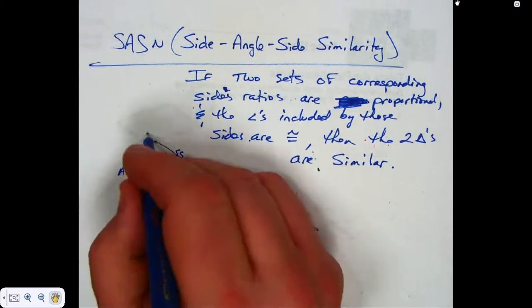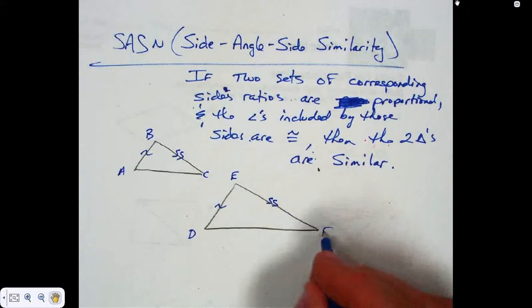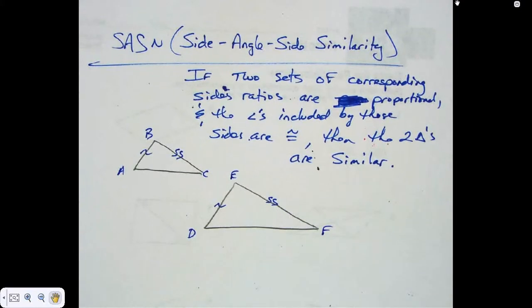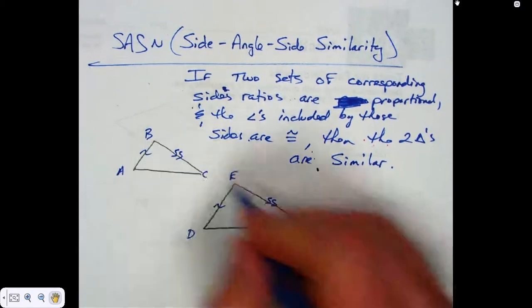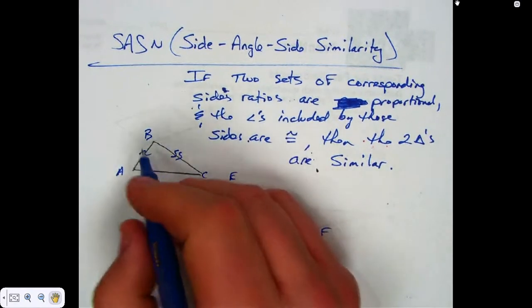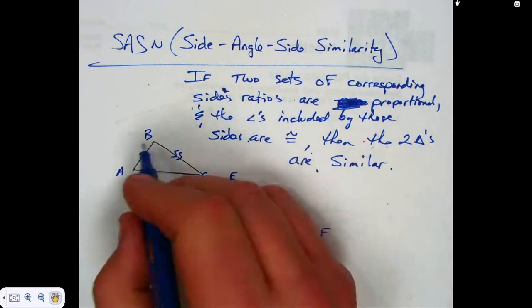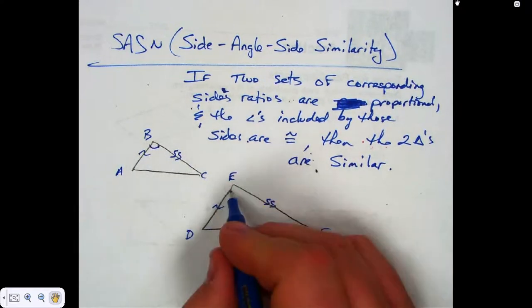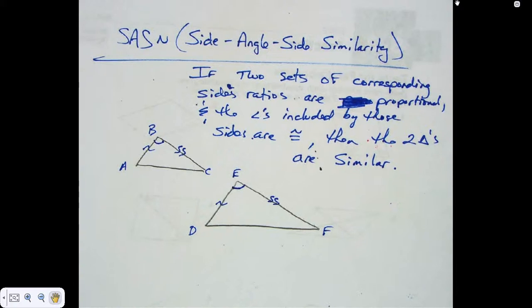And if I was to label this A, B, C, D, E, F, you should be able to tell which is the included angle. And it is the one in between the two proportional sets of sides. So B would need to be the one, for it to be side angle side similarity, B would need to be congruent to E.